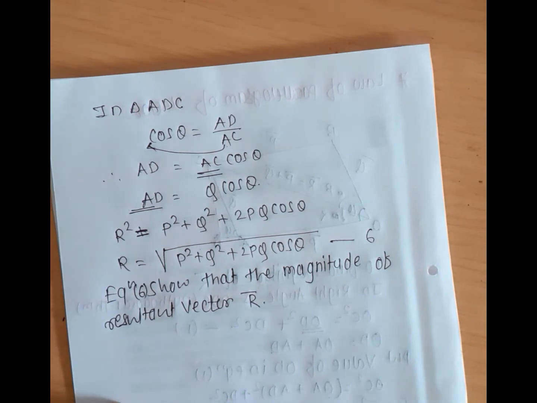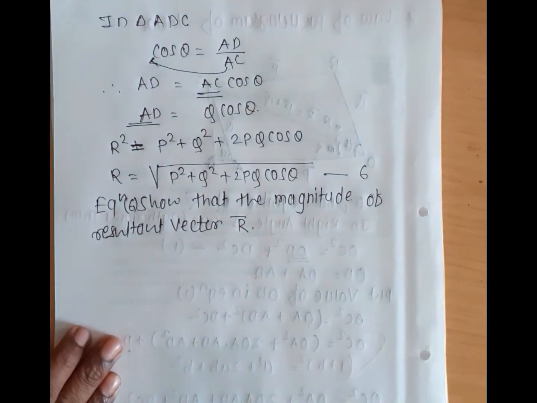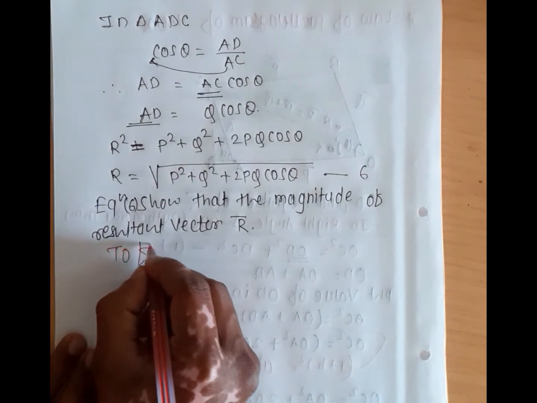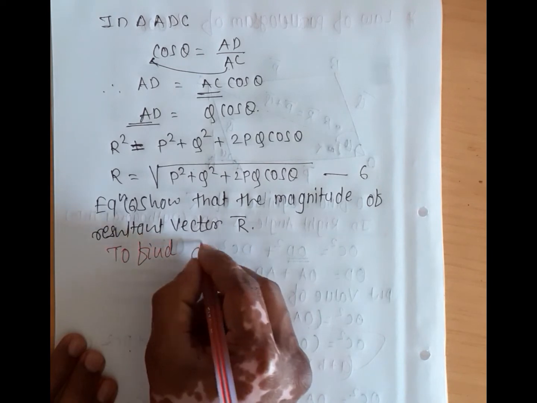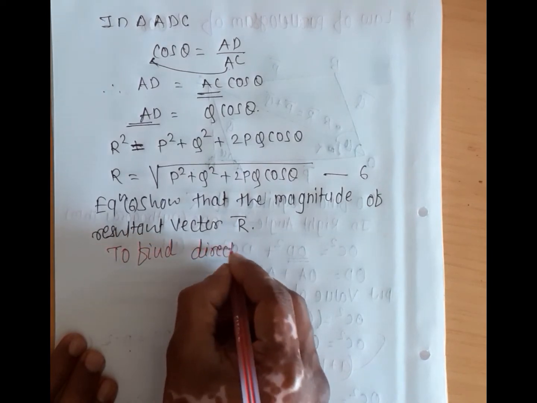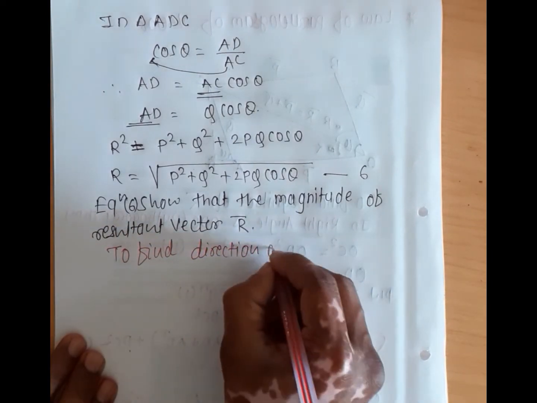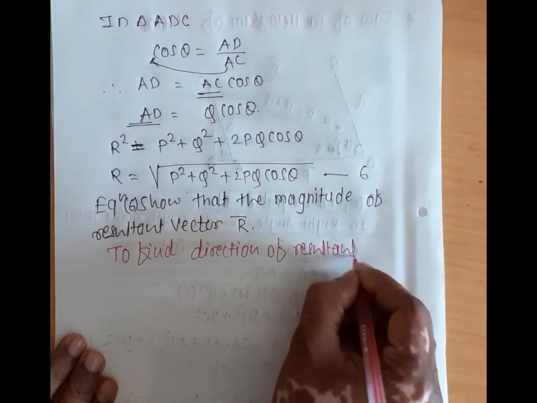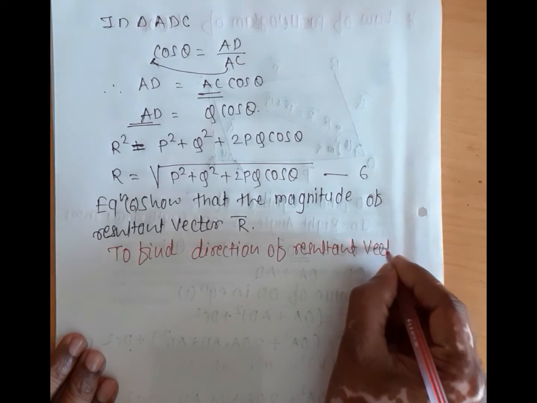Okay, so now we find the direction of the resultant vector R bar. How to find the direction of the resultant vector R bar?